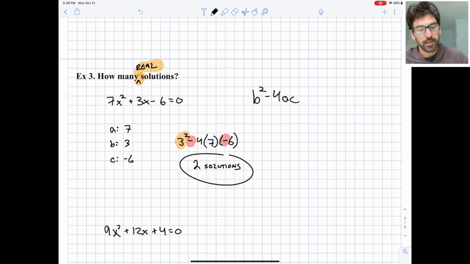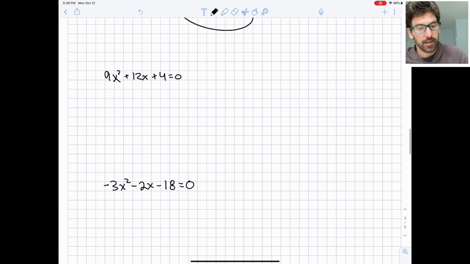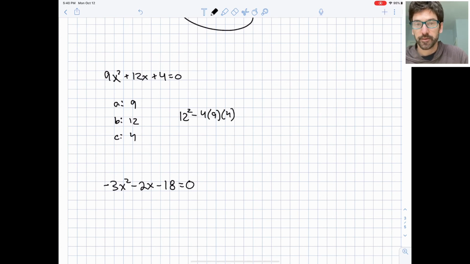Okay, looking at the next one, again, I really encourage you to write down what a, b, and c are. We have a 9, 12, and 4. And let's see what we get when we do b squared minus 4ac. So 12 squared minus 4 times 9 times 4. Okay, so that simplifies down to 144 minus 4 times 9 times 4 is 144.